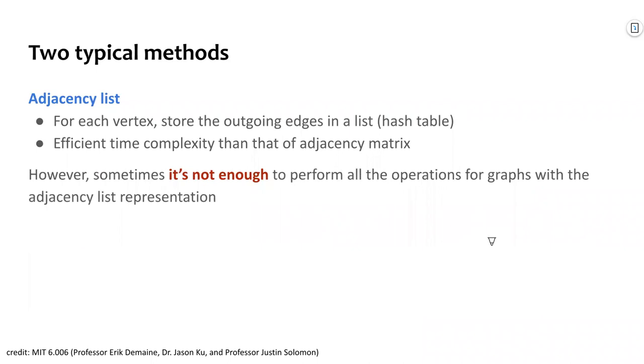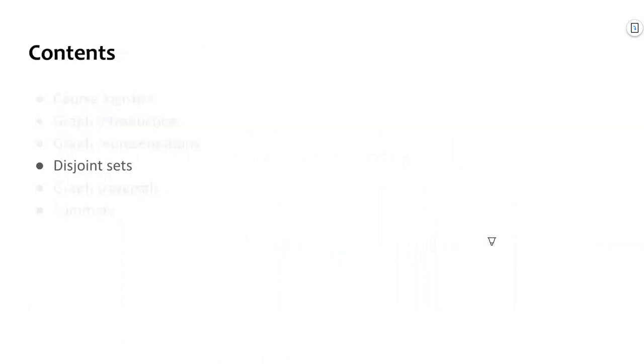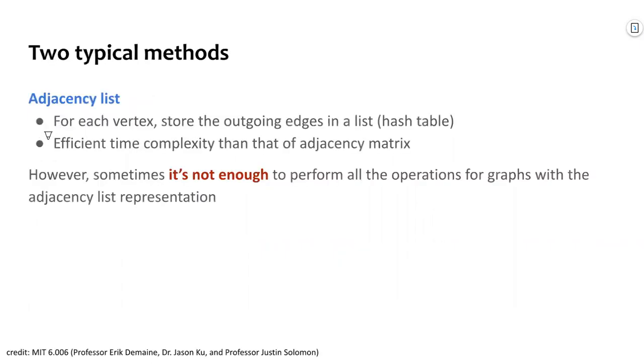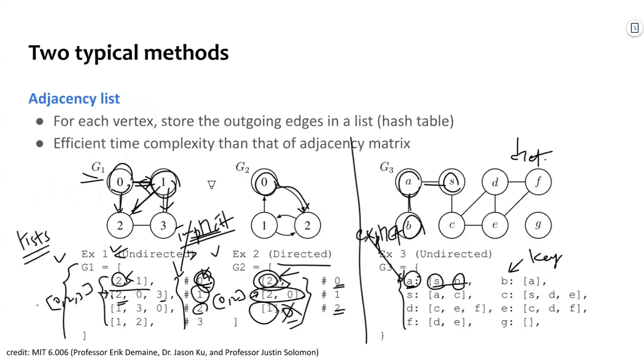However, sometimes it's not enough to perform all operations for graphs with the adjacency list representation. So I'm going to introduce disjoint sets. In the case of the previous representation, adjacency list, it is hard to find the inclusion relation between nodes or edges or vertices.